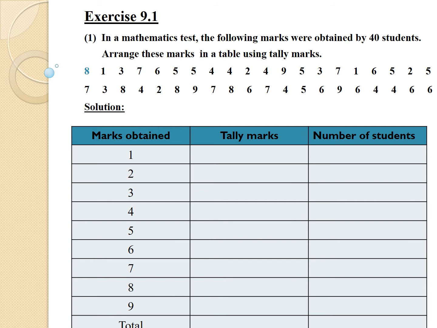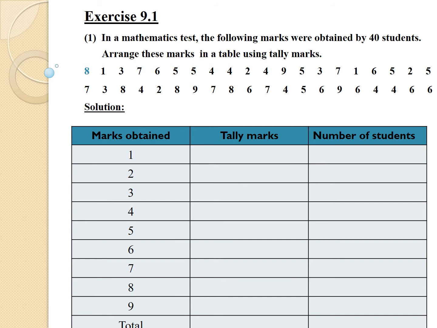Students, in this table, you have to draw 3 columns. First, for observation, that is marks obtained. Second, for tally marks. And third, for total of tally marks, that is number of students.